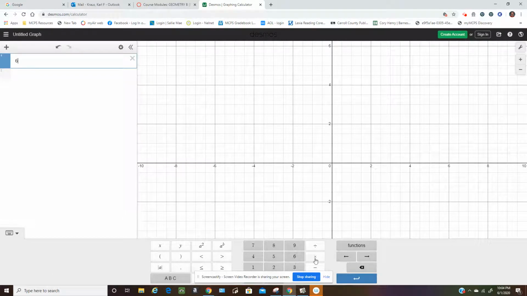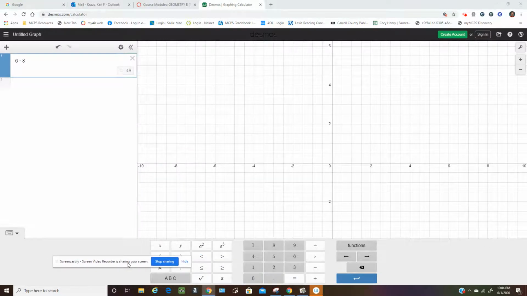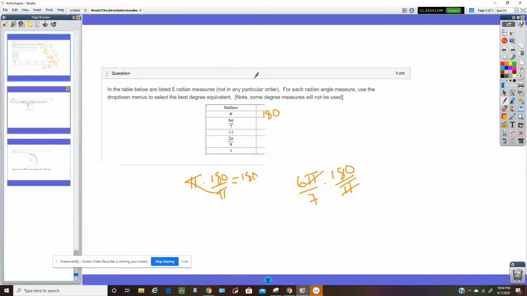So 6 times 180 is 1080. Divide that by 7 is 154.29. This one's 154.29.